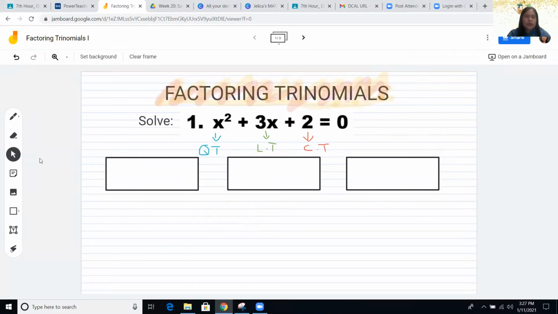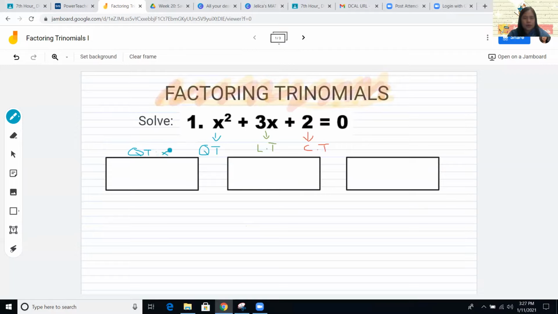Okay, so for the quadratic term, let us write QT in here. Oopsie, we will use a blue marker to make our presentation more organized. So for QT, the quadratic term, which is the x squared.